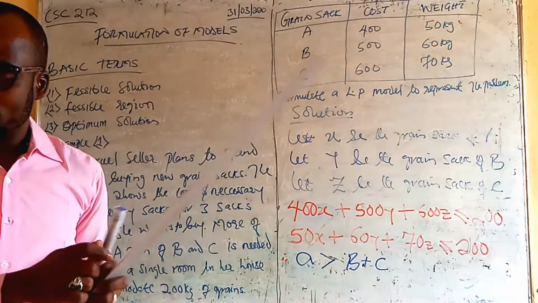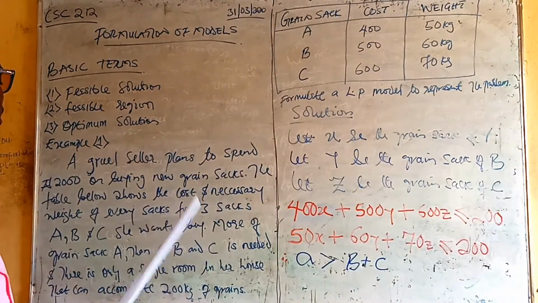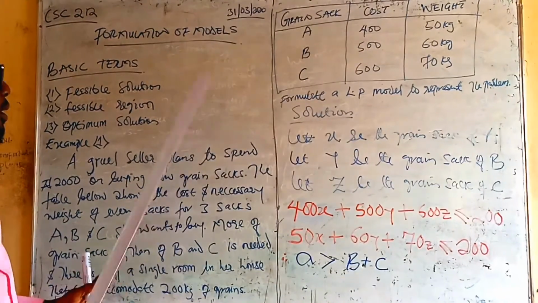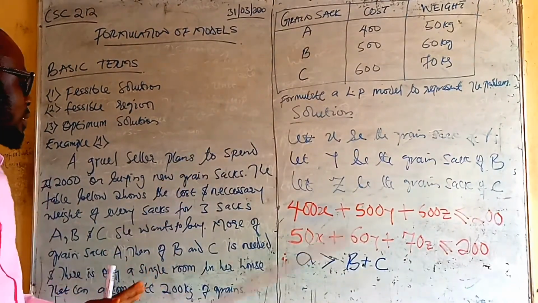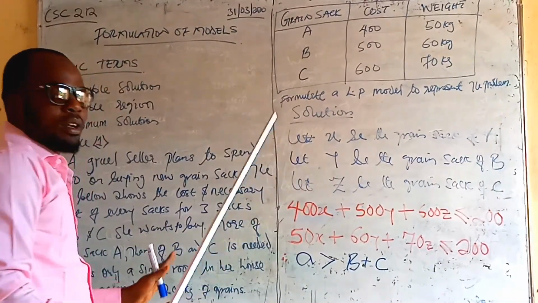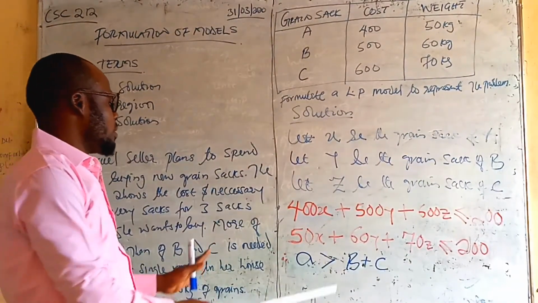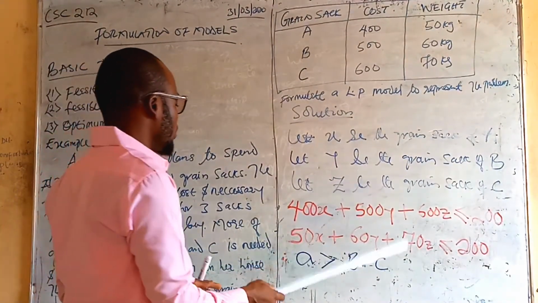We have formulated our linear programming. All we are going to be asked to do is just formulate. We are not going to solve any problem, but rather just formulate. So here is how we are going to formulate.